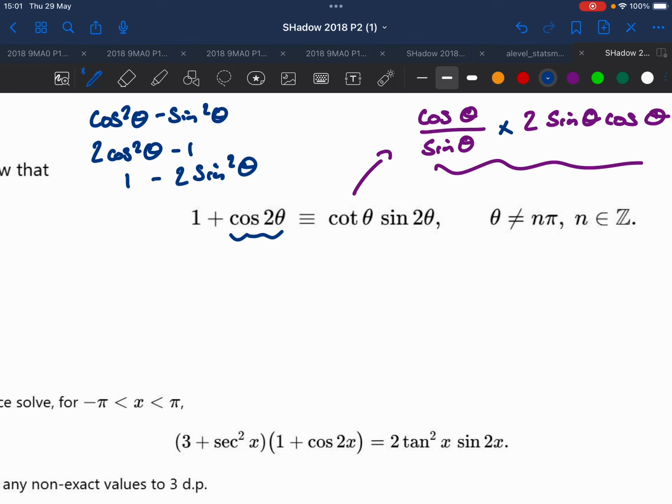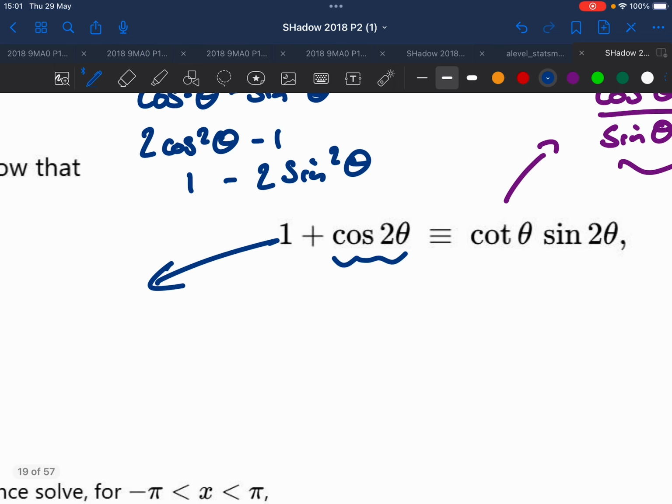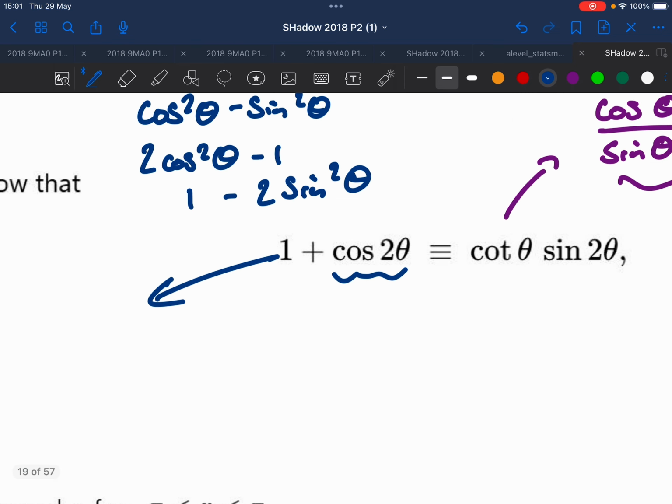So in theory, any of them should work, but I don't think there's a lot to choose from here, so I'm going to go with 2 cos squared theta minus 1.